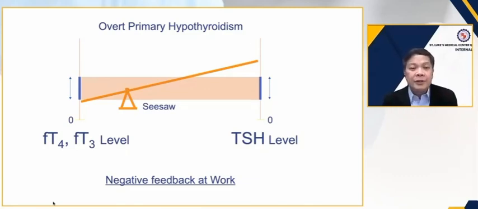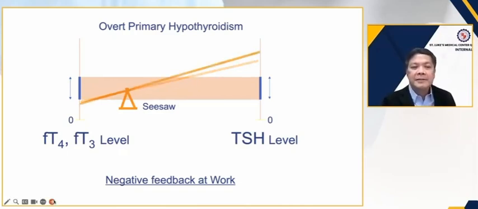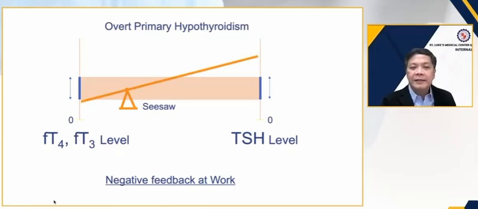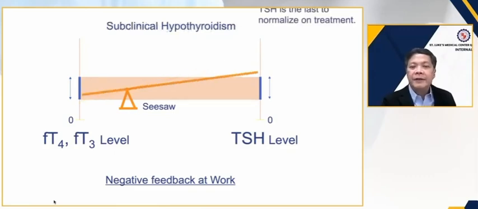So once you start the patient on thyroid hormone because of primary hypothyroidism, this is what's going to happen. The first thing that will normalize is T4. Once you start the patient on thyroid hormone, the FT4 and FT3 will improve, and then eventually, at some point in time, FT4 and FT3 will be normal, yet the TSH is still slightly above normal, because of its long half-life, it takes about 5 to 6 weeks for the T4, T3 to steady up.